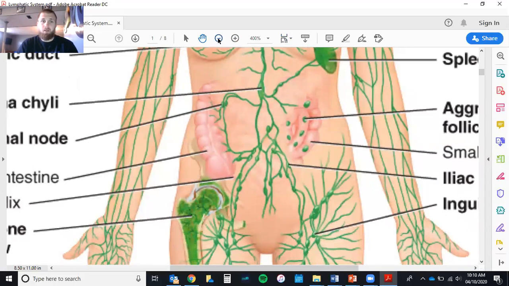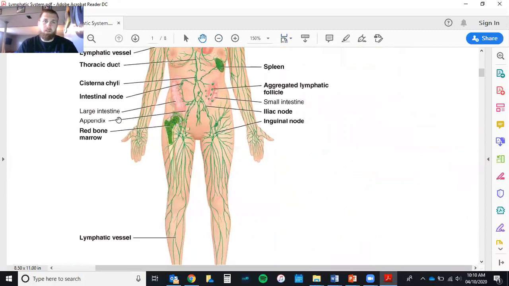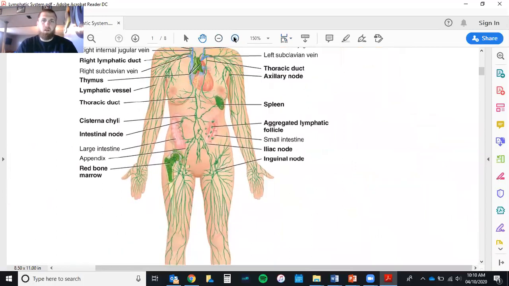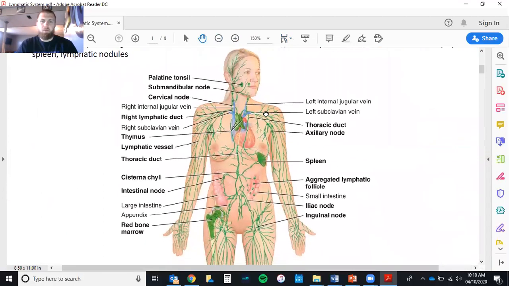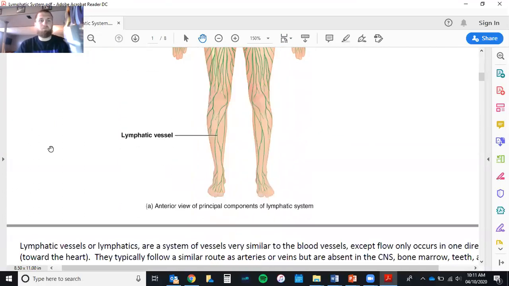We call it the appendix. I guess they have it labeled, but they don't have it bolded. I guess it's the other picture that doesn't have it labeled, but it's actually a little bit more visible in that one. So anyway, I wanted to point some stuff out in this picture. We'll be talking about a good portion of those things that are bolded already for you.